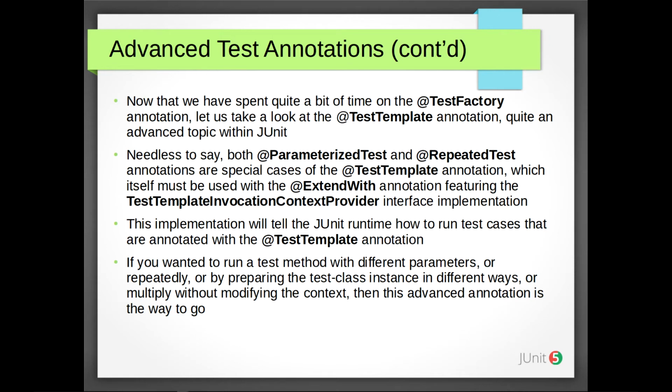This implementation will tell the JUnit runtime how to run test cases that are annotated with the @TestTemplate annotation. So I'm going to make a 30-second pause for you to write out @TestTemplate, @ExtendWith, and the mouthful TestTemplateInvocationContextProvider.